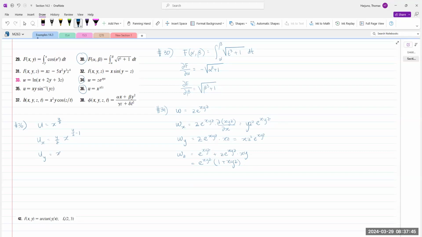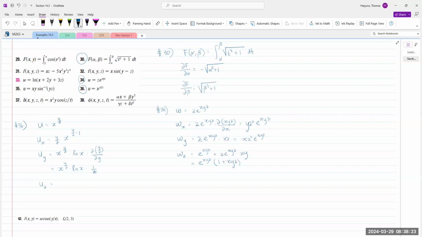Then we need to do change of base first, because then x in this case will be the base, right? So the derivative will be itself times change of base times the partial derivative of y over z with respect to y. Now that will give us itself times the change of base times 1 over z. Okay, and then the partial with respect to z will be the same.